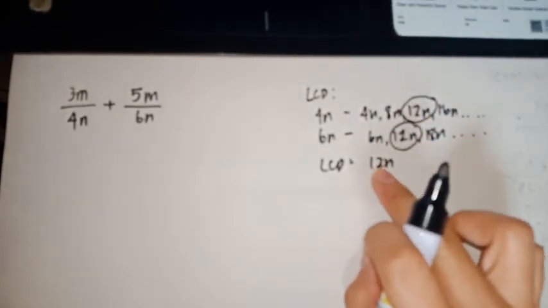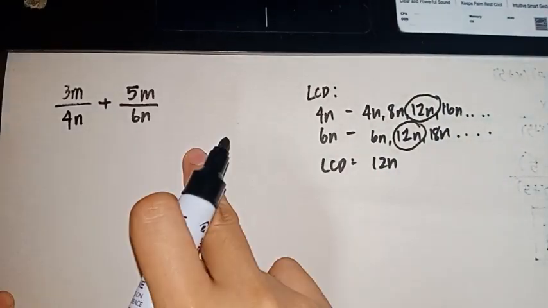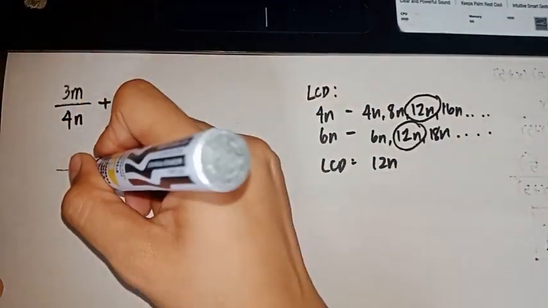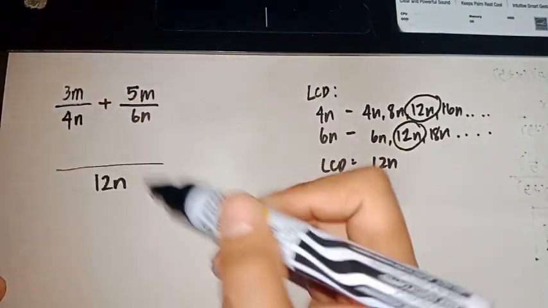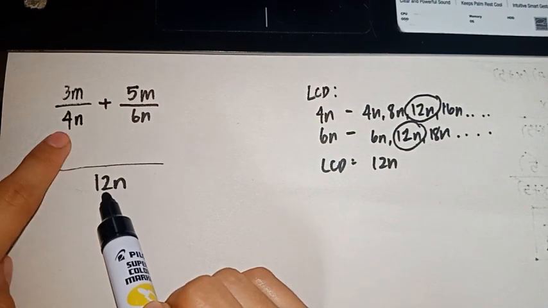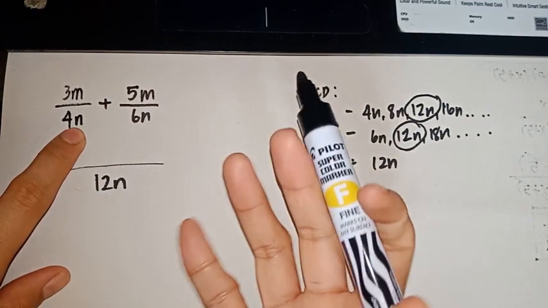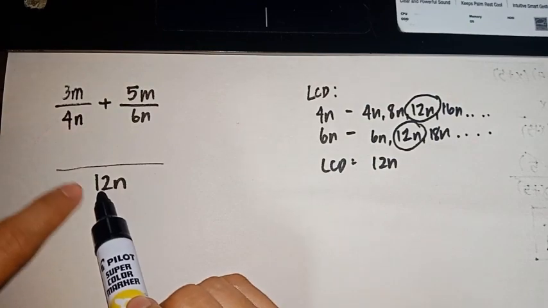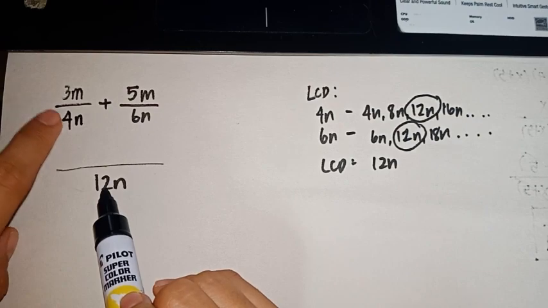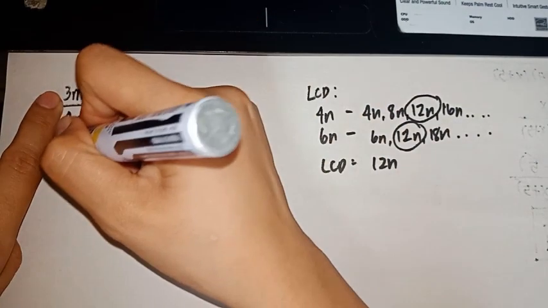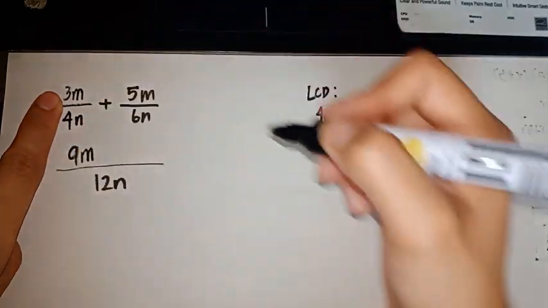Since our LCD is 12n, that will be our overall denominator. So we have 12n. Next is to divide. 12 divided by 4 is 3, and n divided by n is 1. So again, 12 divided by 4 is 3. 3 times 3 is 9, so 9m.